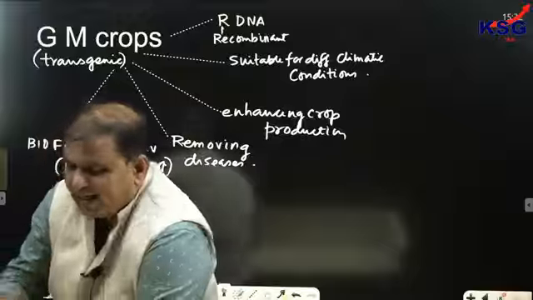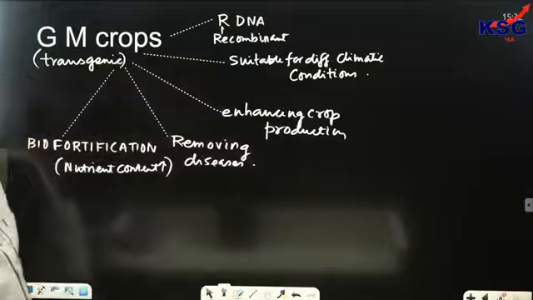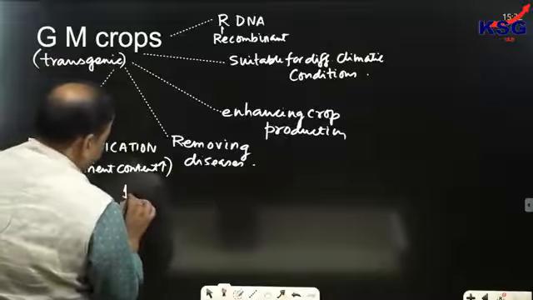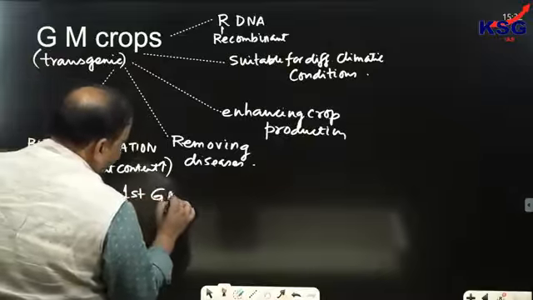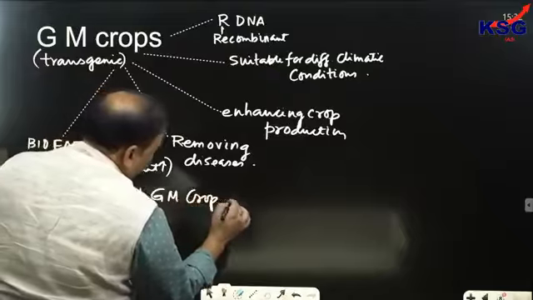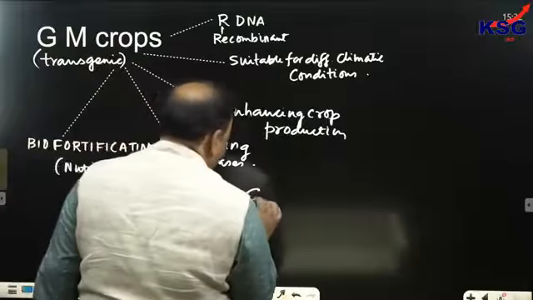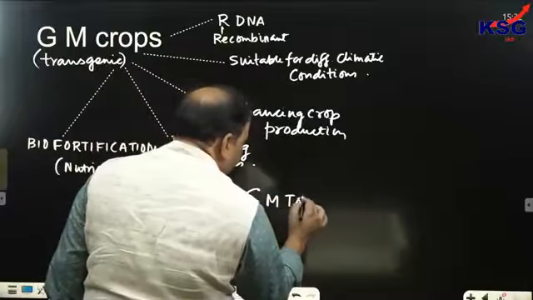Clear? And as far as the history of GM crops is concerned, the first GM crop which was developed was genetically modified tobacco.